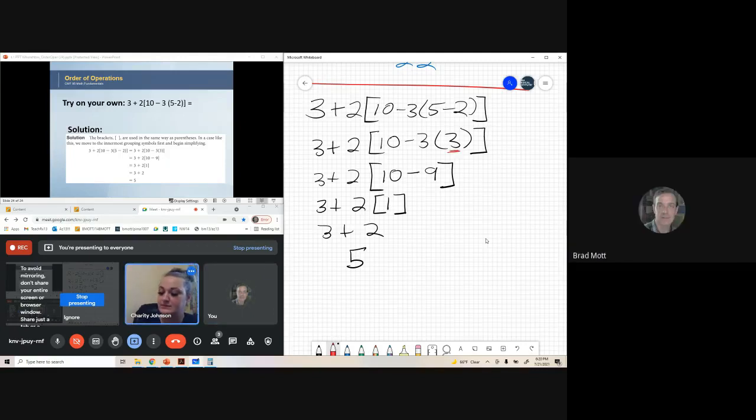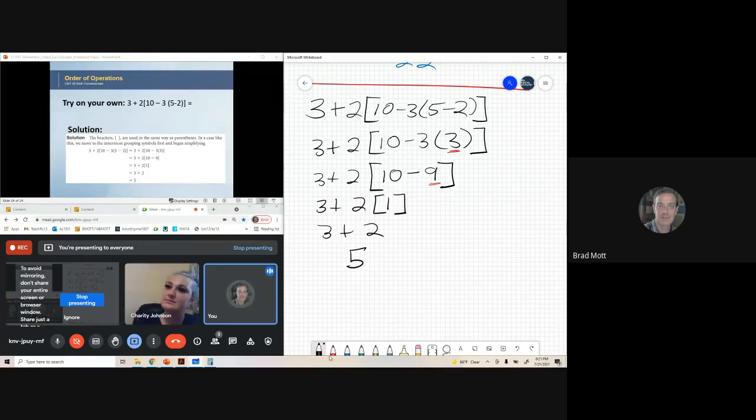Okay. And then we still have parentheses, so we need to do first the multiplication and division that are inside of that parentheses. So we have 3 plus 2 on the outside. We have 10 minus 3 times 3, which is 9. It's our next function that we perform.